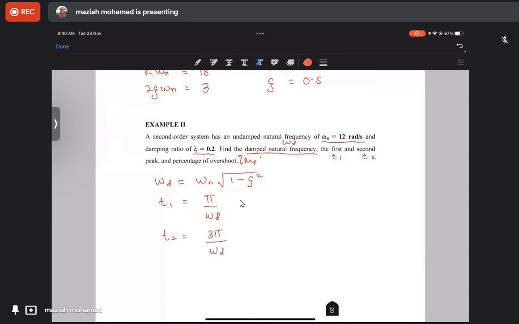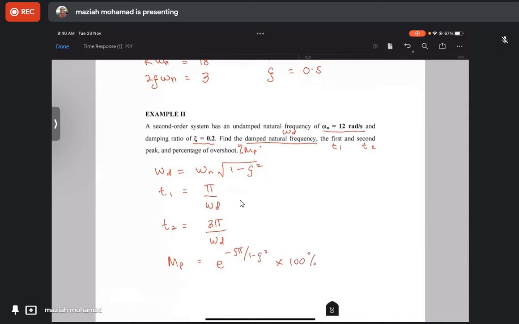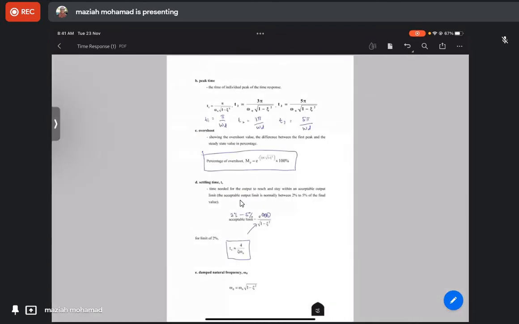And maximum overshoot is exponent of negative zeta pi over the square root of 1 minus zeta squared. Just put the values of zeta and omega n into the equations, and you should get the values.